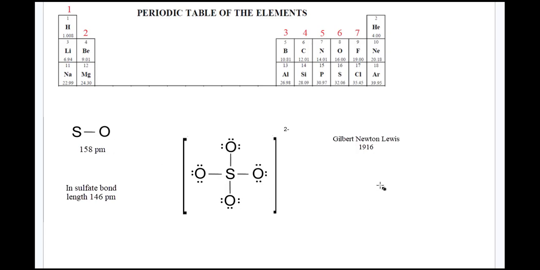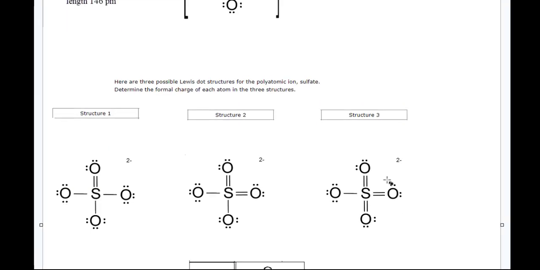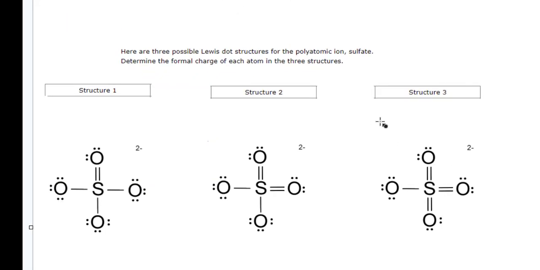And this is where we get to our formal charges. The thing with the formal charges is that we might find that there could be justification for a double bond. A typical AP question would say, here's some structures, use formal charges to find out which one would be the one that could account for a double bond or more in sulfur.